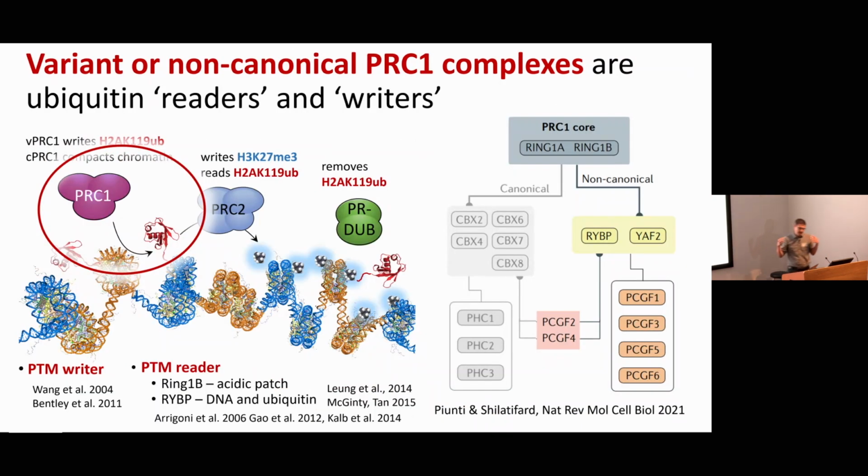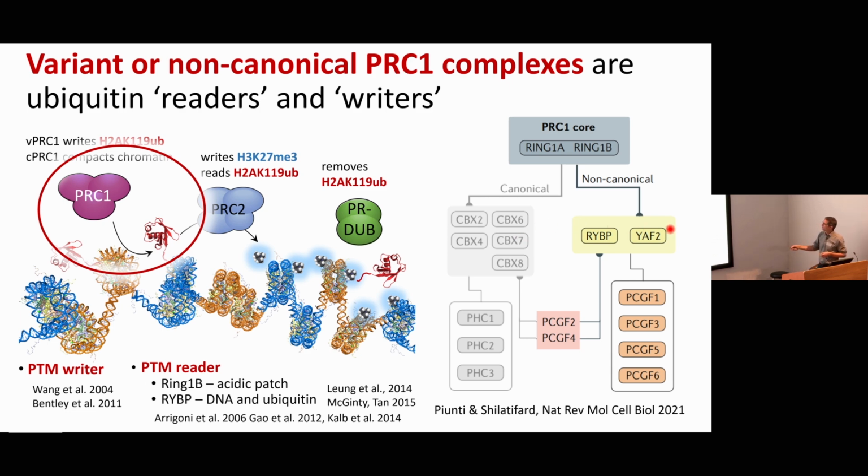Okay, now how do we get H2A ubiquitination there in the first place? I mentioned this is the work of the enzyme complex PRC1, and there exist many different versions of this. In particular, the non-canonical PRC1 or variant PRC1 complexes are responsible for the initial deposition of H2A ubiquitination.